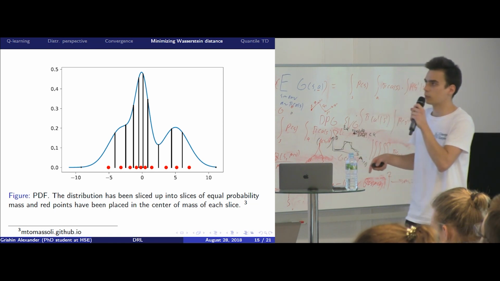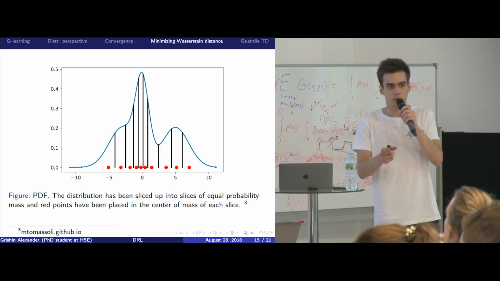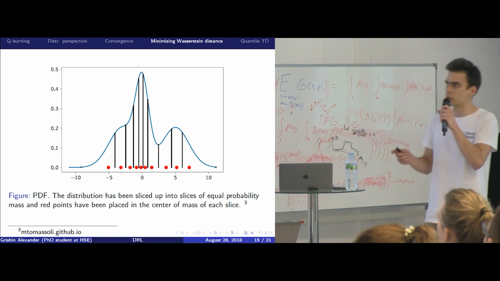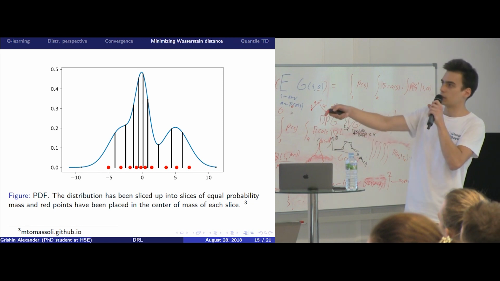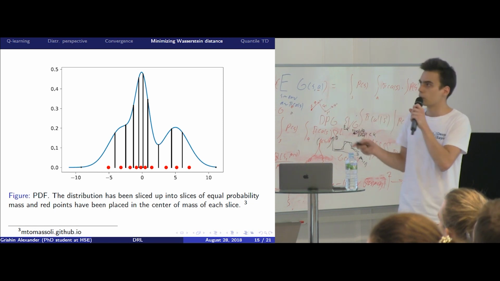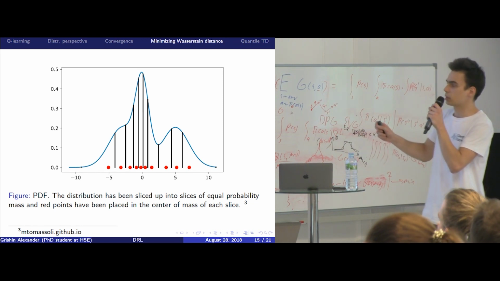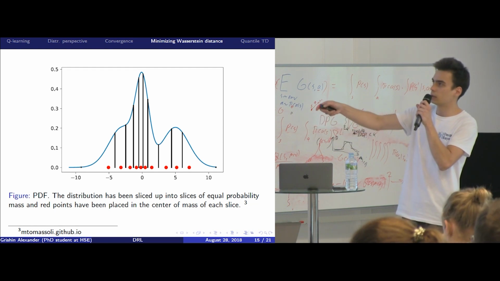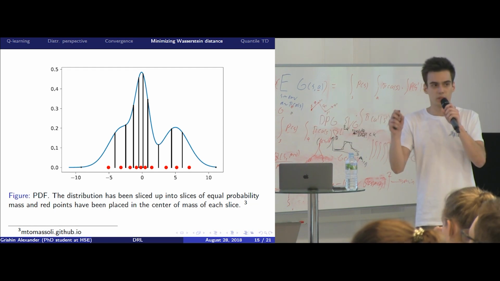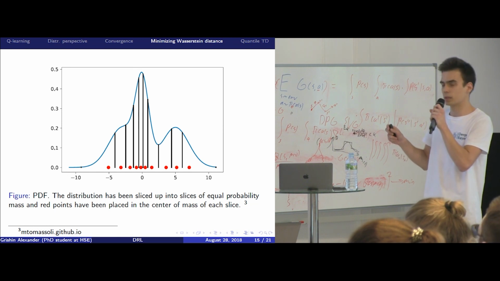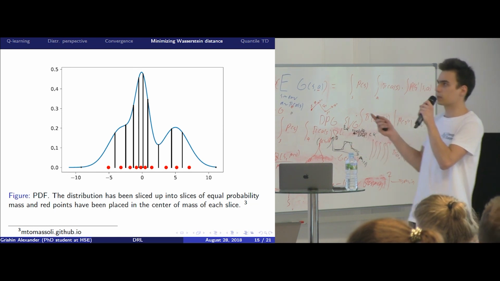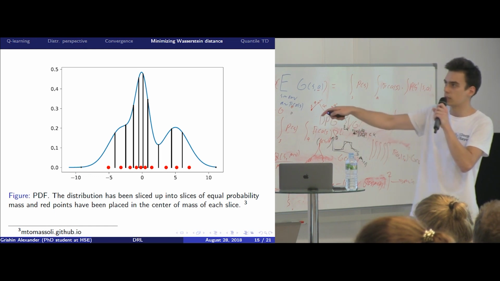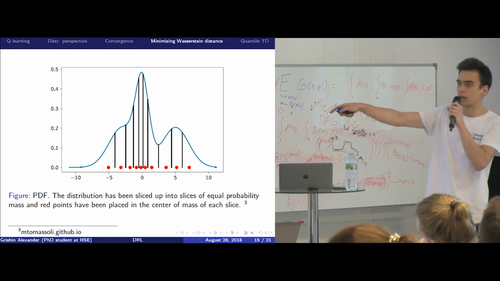If we have n Dirac delta functions, the procedure is pretty simple. If we have some distribution, PDF, blue line, we should just split it into n slices equal in terms of probability, and then we should place our Dirac delta functions at the median of each slice.